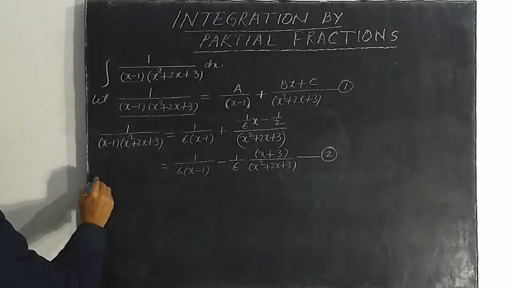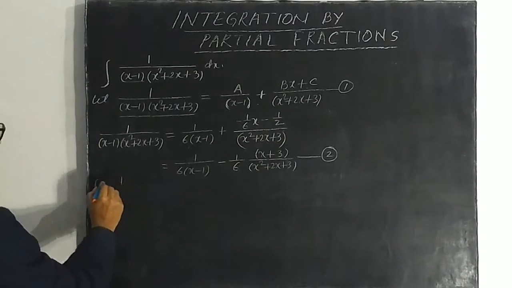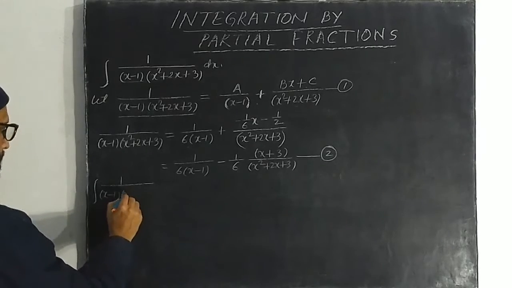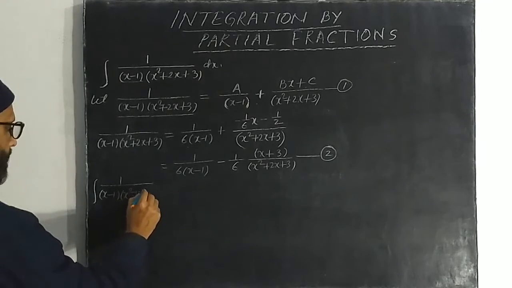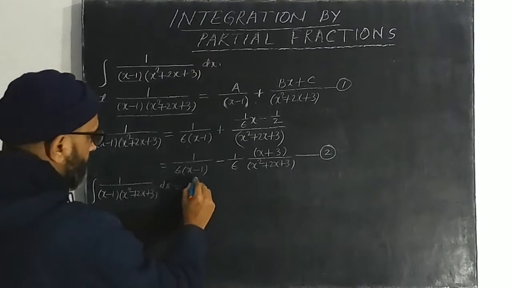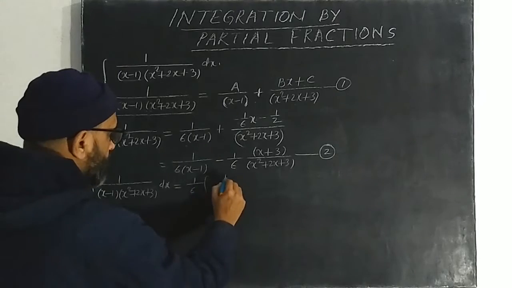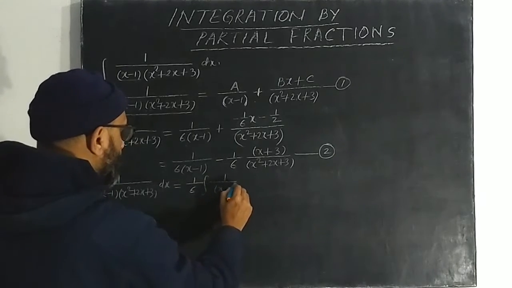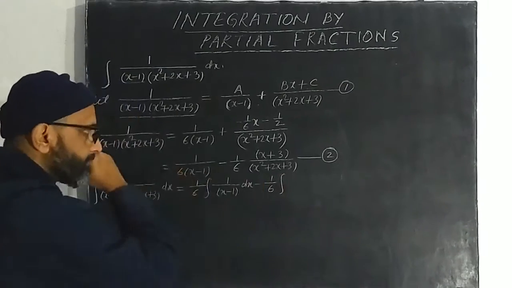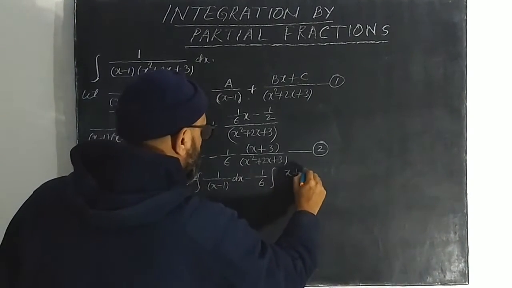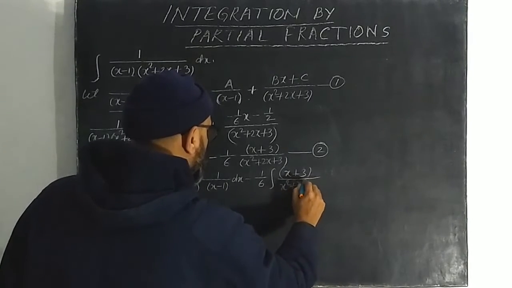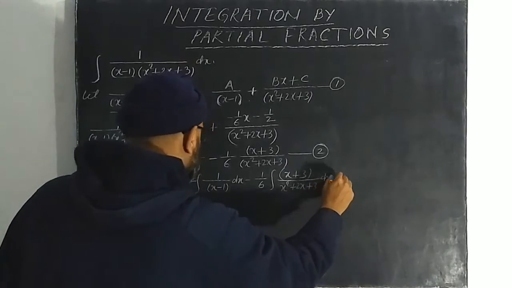Now our original integral, that is 1 upon (x minus 1)(x square plus 2x plus 3) dx becomes 1 upon 6 integral 1 upon x minus 1 dx minus 1 upon 6 integral x plus 3 upon x square plus 2x plus 3 dx.